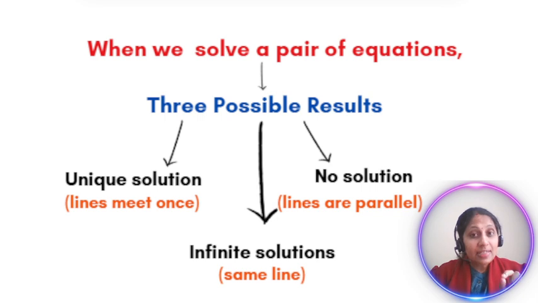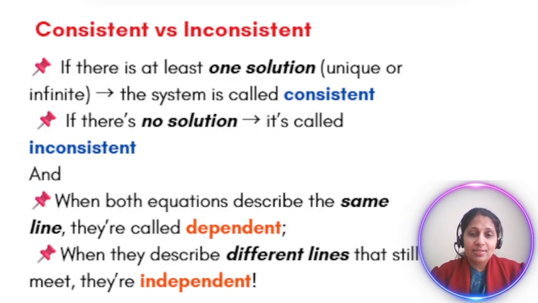But there is a little more to this. Consistent versus inconsistent. If there is at least one solution, either it's unique or infinitely many, then the system is called consistent. If there is no solution, then it is called inconsistent. So consistent relates to the solution.